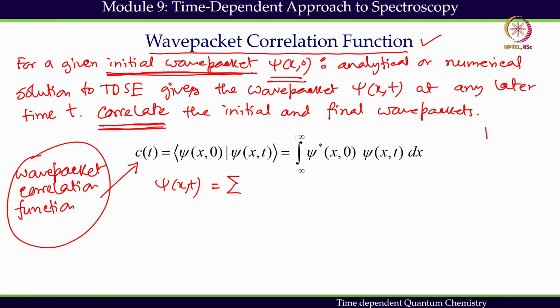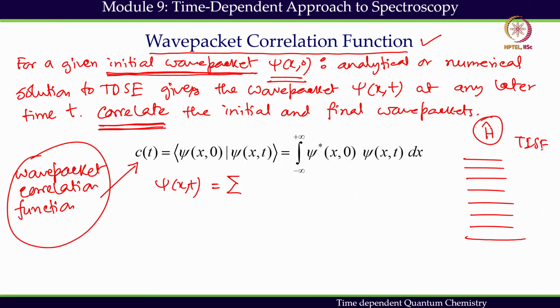So, let us say I have a Hamiltonian; if I solve TISE, it can give me all these energy states. Let us say one energy state is psi n, then psi n minus 1 and so on. All these energy states are given, and their eigenvalues are E n, then E n minus 1, like this. So, associated eigenstates and eigenstate energies are there.